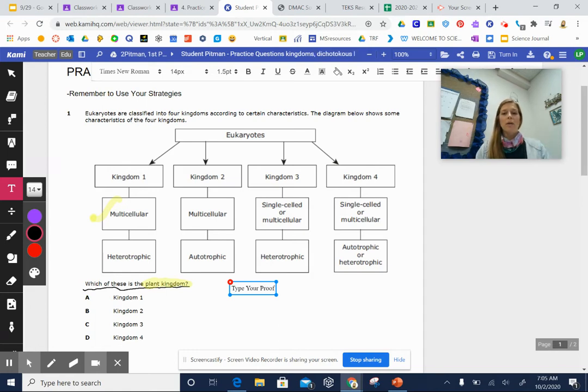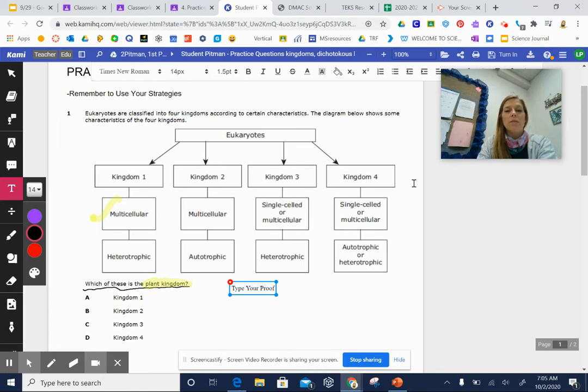I've already read question 1, but I will go ahead and reread it so that you can begin your work now if you're going to listen to the questions. Number 1, eukaryotes are classified into 4 kingdoms according to certain characteristics. The diagram below shows some characteristics of the 4 kingdoms. Eukaryotes, kingdom 1, multicellular, heterotrophic.